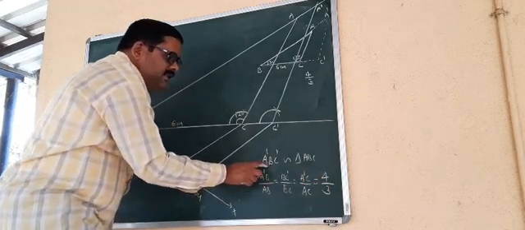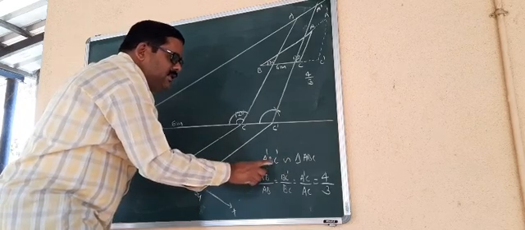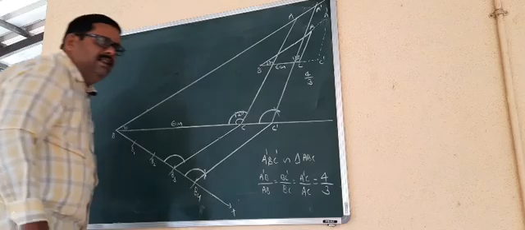So this is the similar triangle which we have constructed for this given triangle ABC.